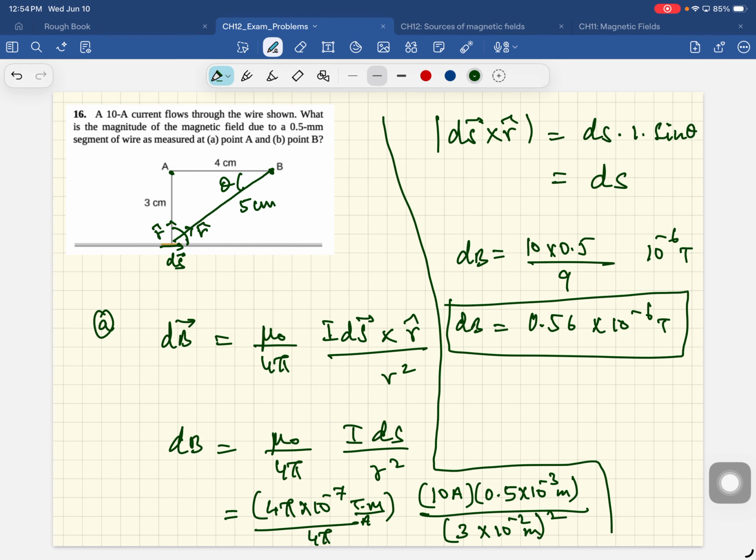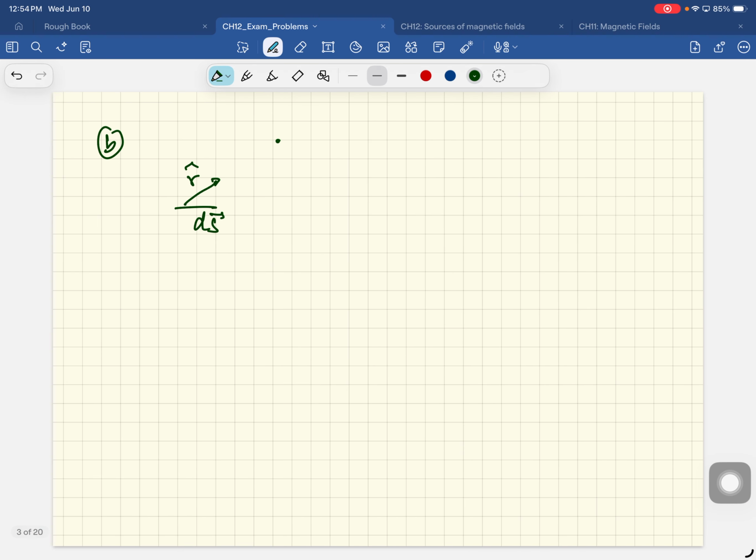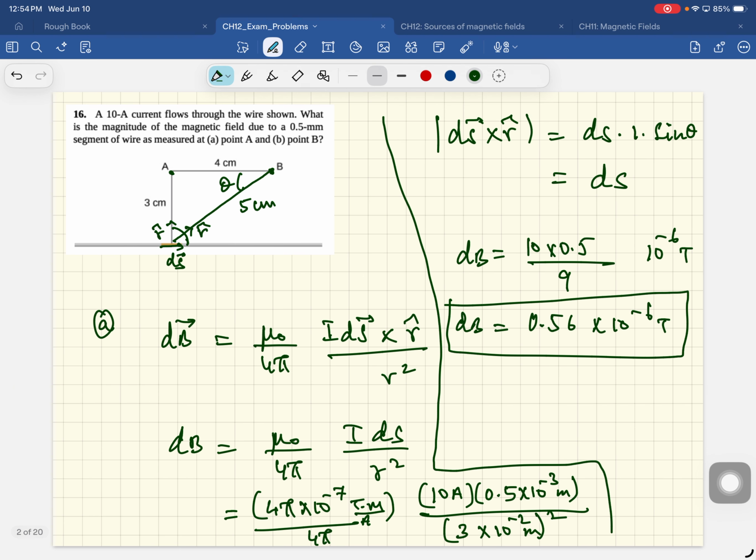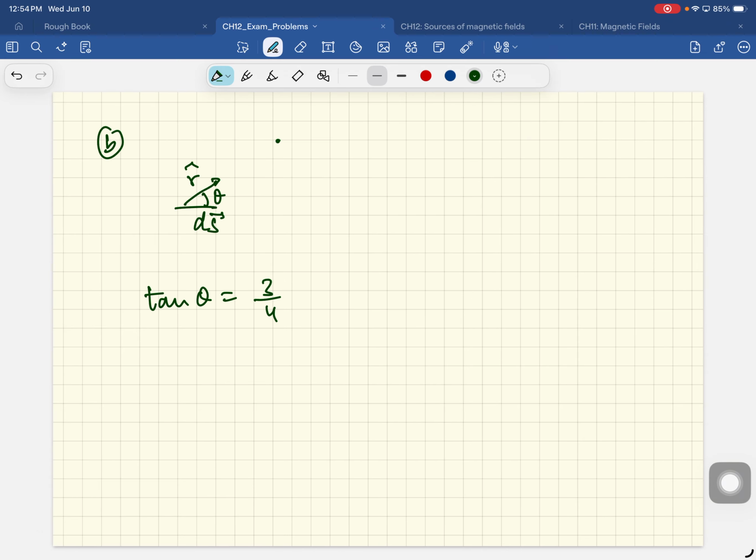So if you have a wire like this carrying a current, in this problem you want to find the field there. So you see, this element is not producing a field there. This element is not producing a field there. Only this element and this element produce a field.